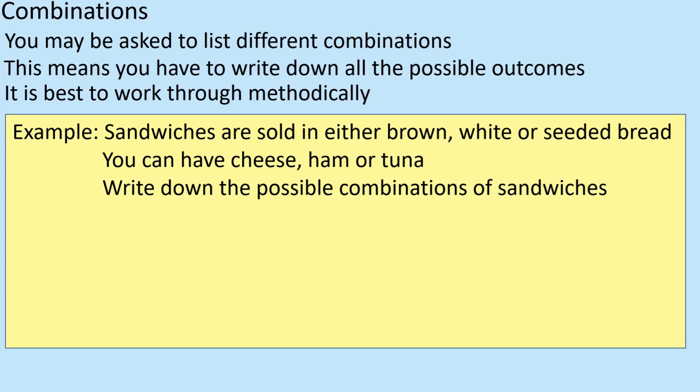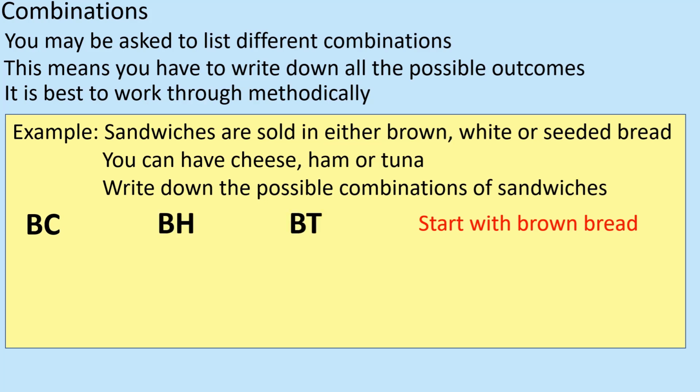Alright, so your best bet is probably to put some letters to it. So brown, white, and seeded, maybe B, W, and S, and then for cheese, ham, and tuna, maybe C, H, and T. If we start with brown bread, that means we're going to have brown with cheese, ham, or tuna.